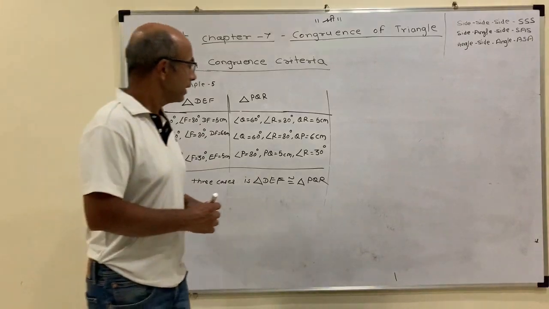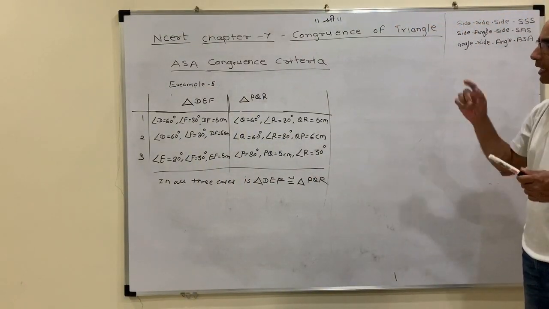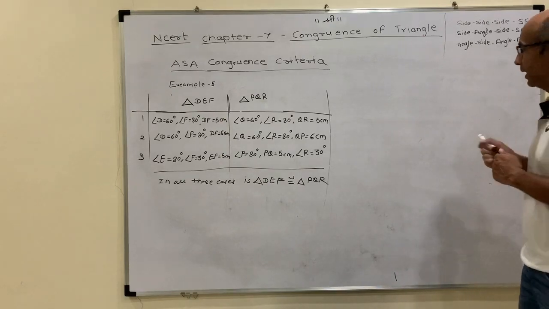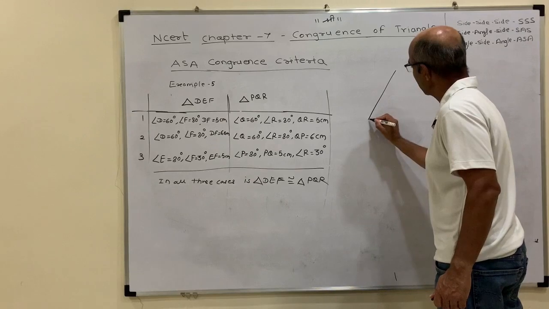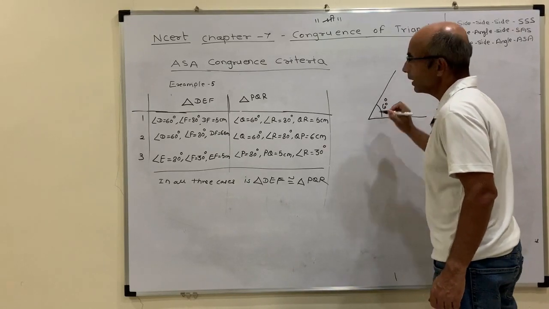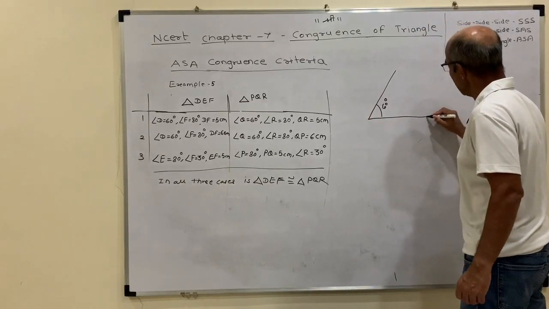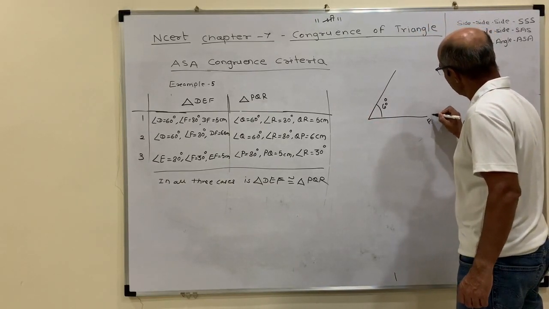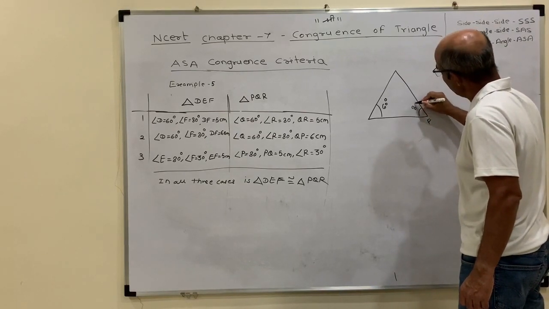Now here what they have given us, in triangle DEF, D is 60 degrees. So let's put this is D, which is 60 degrees. Then F is 80 degrees. So I say F, this is 80 degrees.